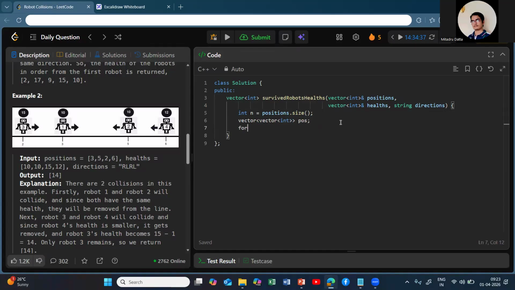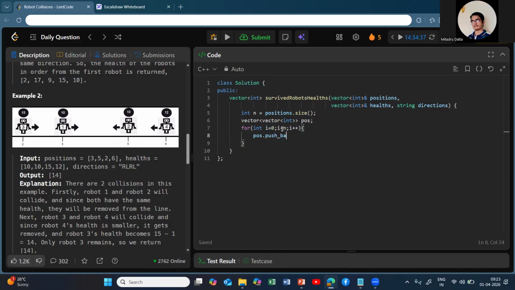Since I am trying to sort by positions, I will do pos dot push_back of positions of I and I. So this is a pair of elements which I will push.